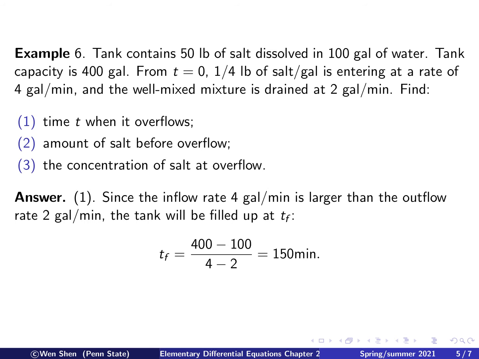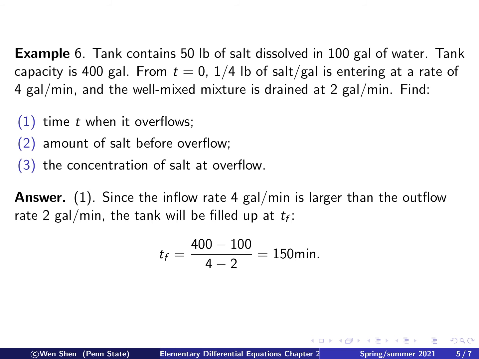So we have inflow volume 4 gallons per minute, which is larger than the outflow 2 gallons per minute, with the difference of 2 gallons per minute. So how long will it take for us to fill up the tank? Well, the time will be the volume you need to fill it divided by the rate, right?